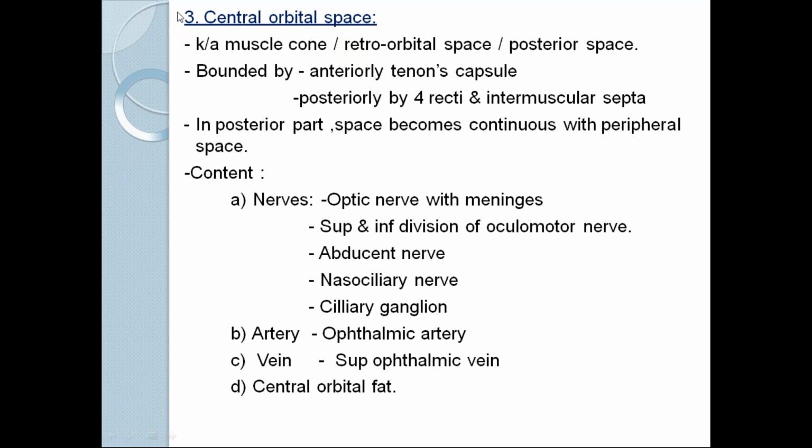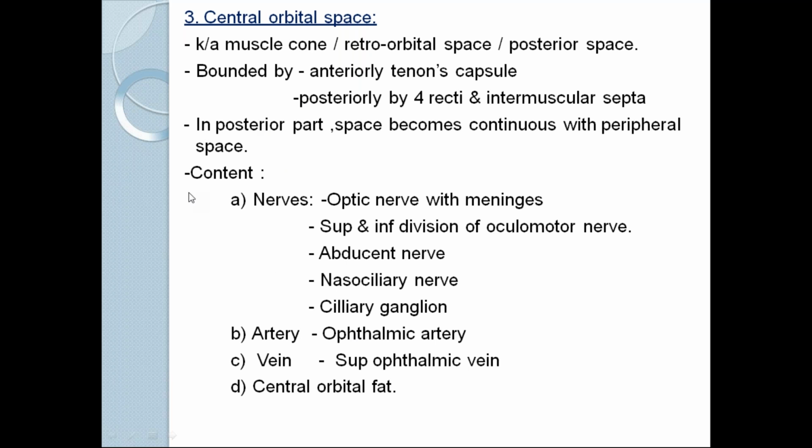Now the central orbital space, which is also called the intraconal space or retrobulbar space. Why is this important? The contents are the optic nerve and meninges, so tumors arising from the optic nerve, glioma and meningioma, can occur.